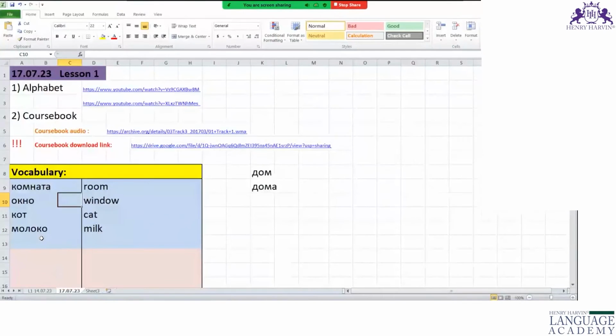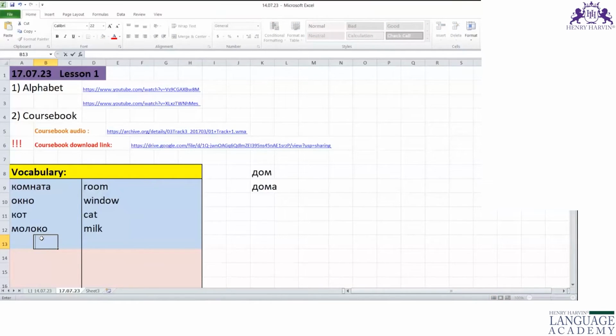Буква means letter, like letter A, letter B. Okay, буква. You can write down with me also. Then we have как. Как is a question, means how. Например, как дела? How are you? Как погода? How is the weather? Then we have the word банк.